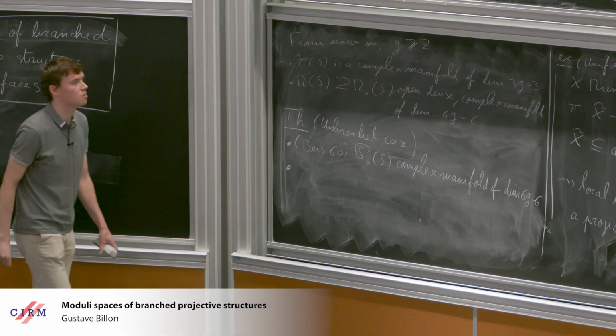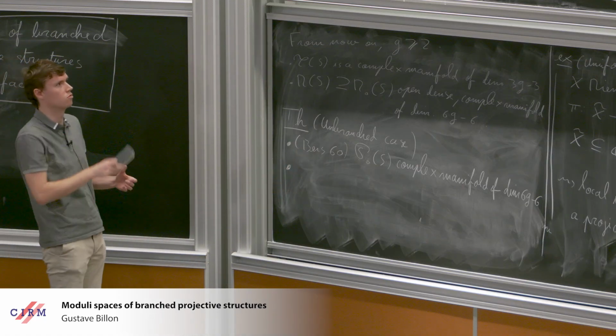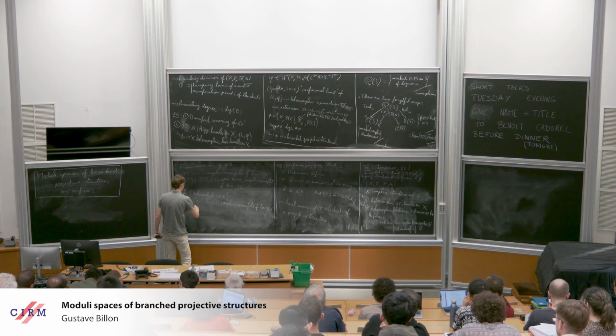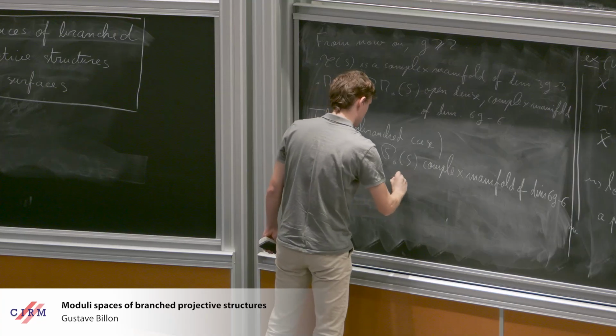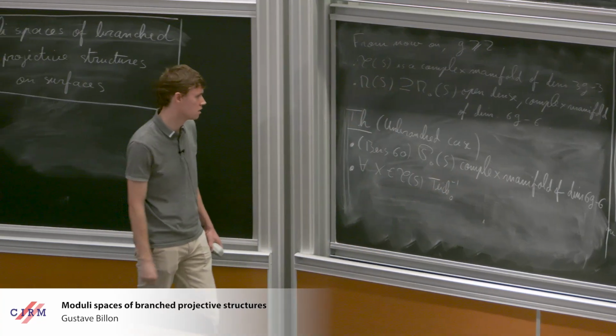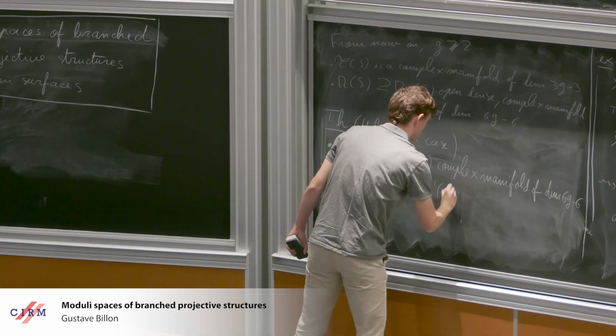The second point is about the map to the Teichmuller space. If I take X in the Teichmuller space, the fiber of Teich_0 over X is very nice.